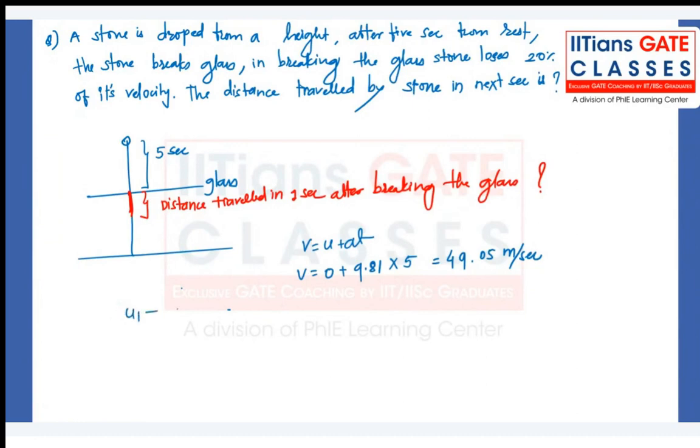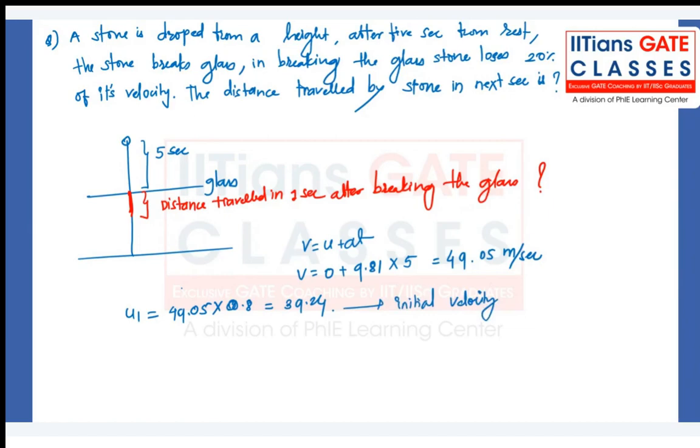That will be equal to 49.05 multiplied by 0.8, which should be 39.24 something. Yeah, something like this. And this will be the initial velocity for the next motion of 1 second, right?